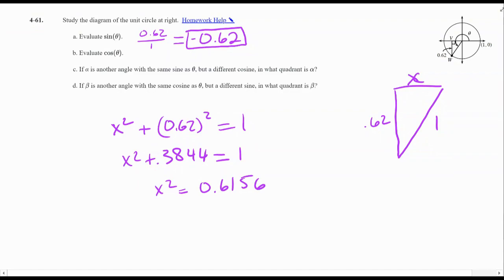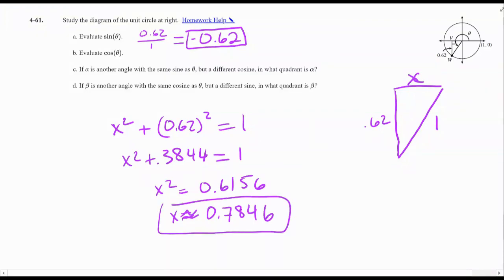I'll take the square root of that, and I am going to get my cosine, I'll say about, because I'm going to round this to 0.7846. I probably didn't need to round to that many decimal places, but that would be this side here, which is my actual cosine value. Remember that in this case here, I am going to get 0.7846, but it has to be negative because my cosine value needs to be negative on this question.